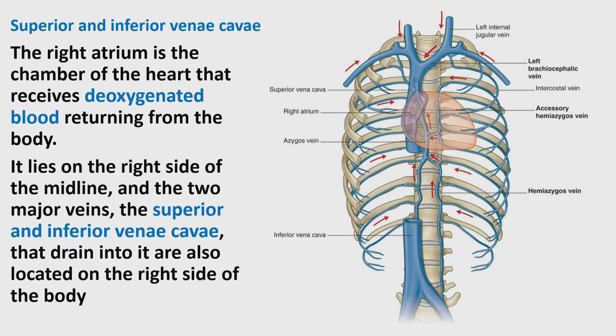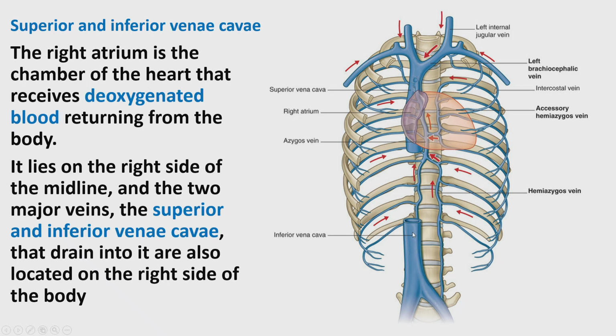As you know, regarding the major circulation, we have two main major venous circulations, which are the superior and inferior vena cava.